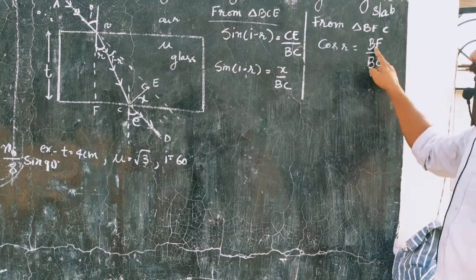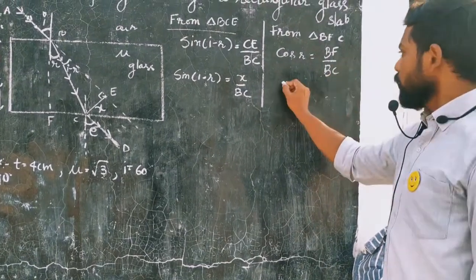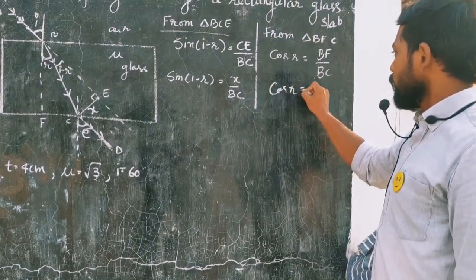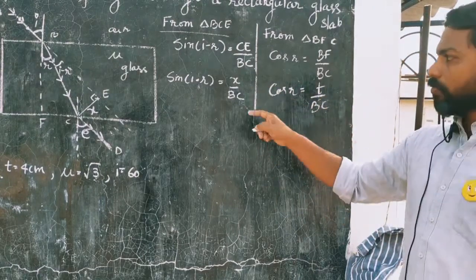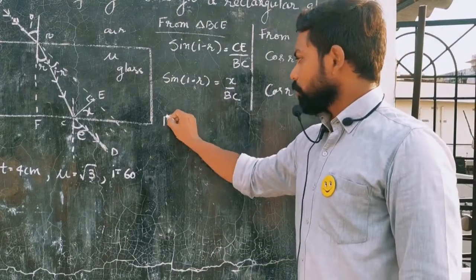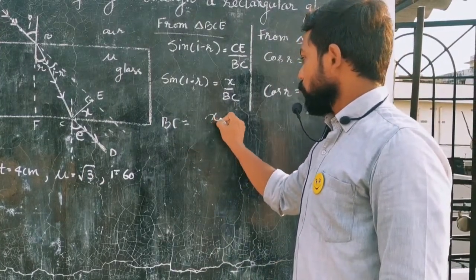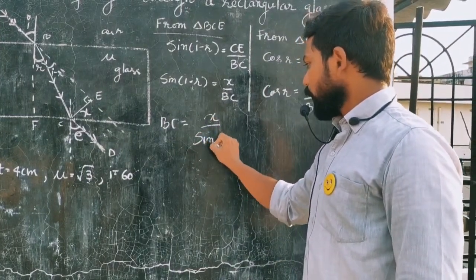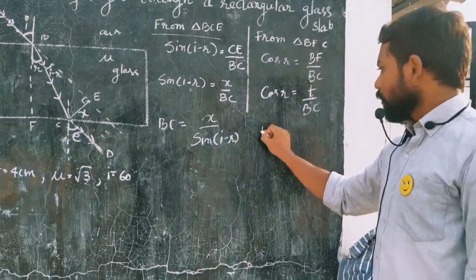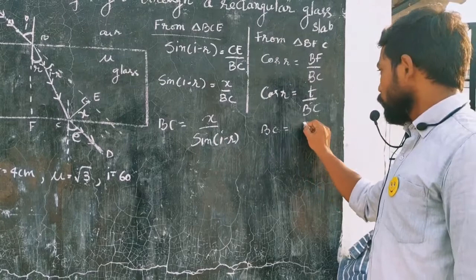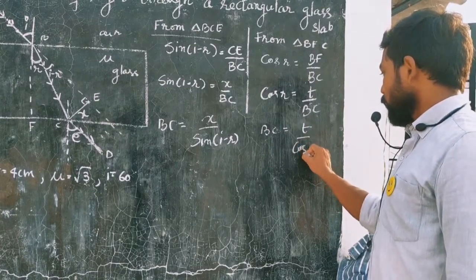Since we know BF is the thickness of the glass slab, cos R is equal to t by BC. From both of these, I can derive the relation for BC. BC is equal to x by sine of I minus r, and BC is also equal to t by cos r.